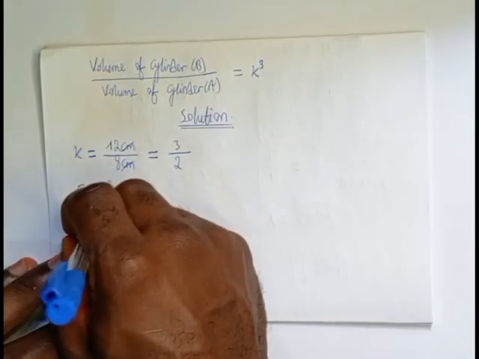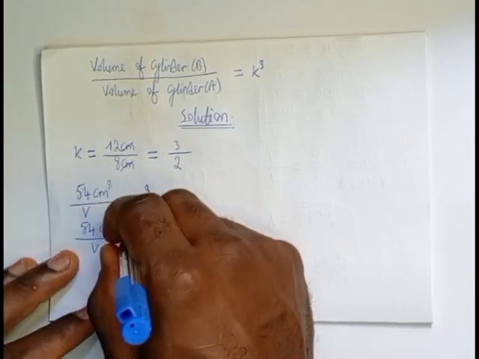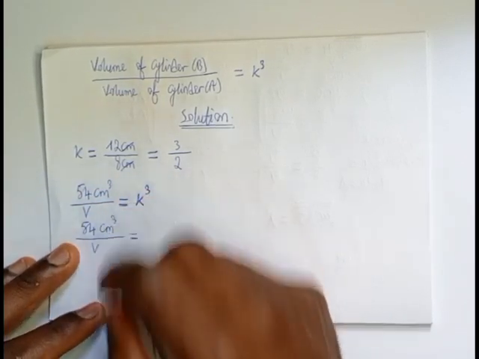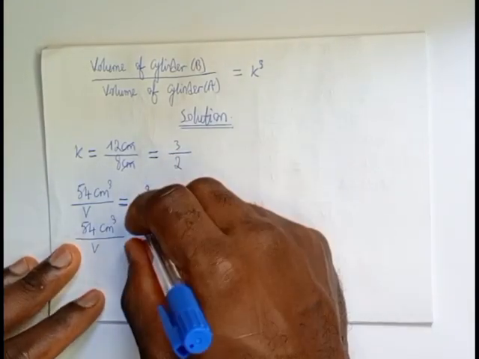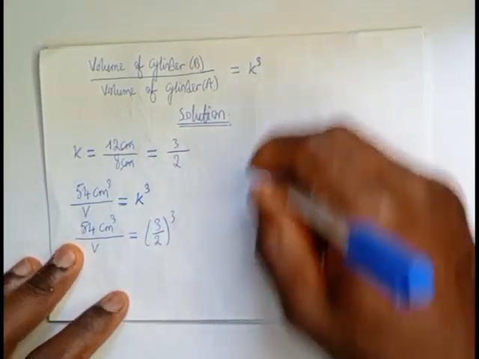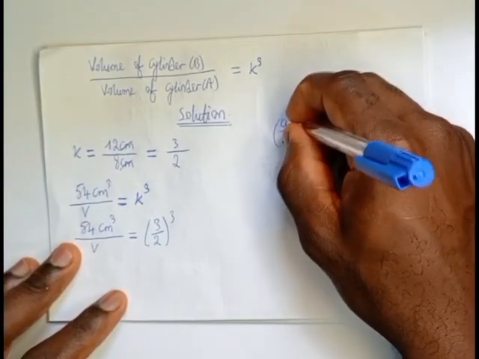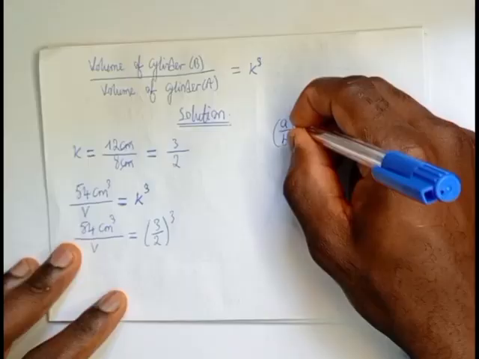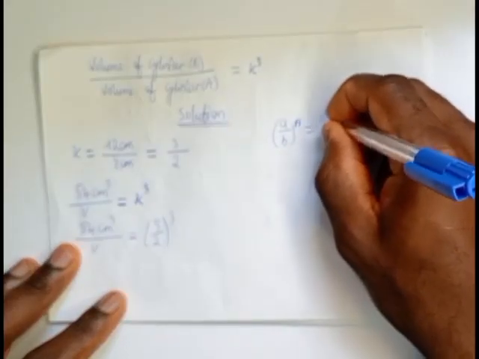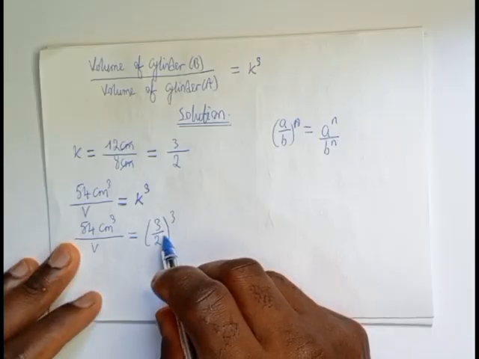This will give us 54 cm cube all over V to be equal to 3 over 2, all this cube. A over B, all this raised to the power n, is simply the same as A to the power n over B raised to the power n. We are going to apply this property here.